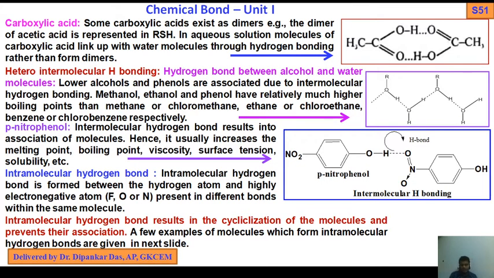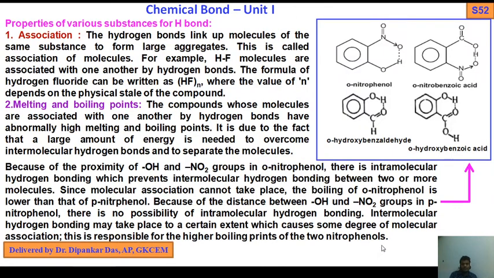Here you see ortho-nitrophenol. The OH group is at the ortho position to NO2. This oxygen forms a hydrogen bond with the hydrogen which is already covalently attached to another oxygen atom.